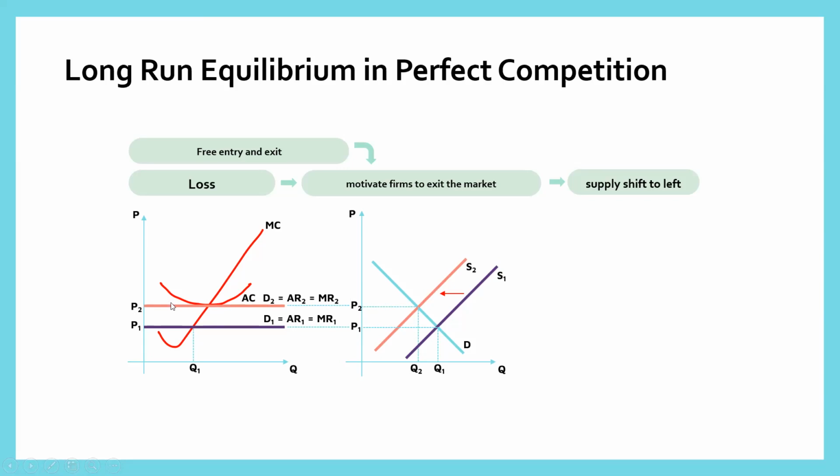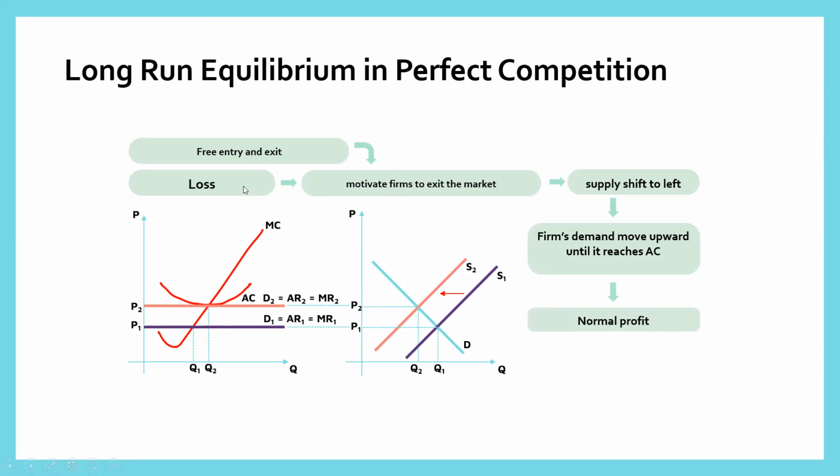We will see that the demand curve, or the price curve, is already tangent to the average cost. The firm's demand moves upward until it reaches the AC, or until the price is tangent to the average cost. It means that the firms will experience a normal profit.